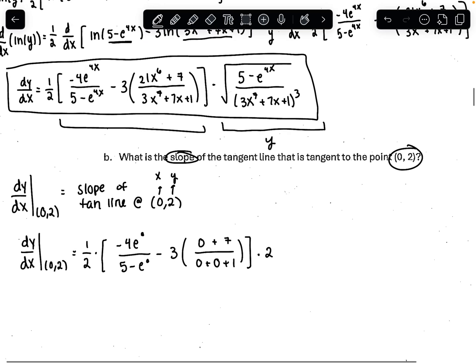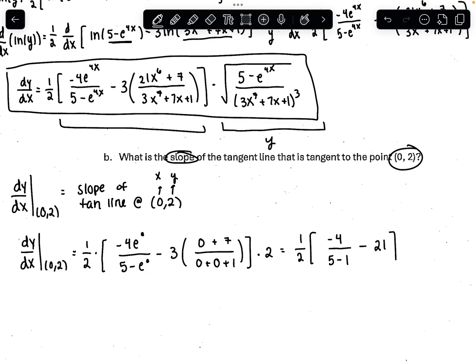So this is going to be equal to 1/2. I'm going to have minus 4 over 5 minus 1, minus 3 times 7, times 2. This 2 cancels here.